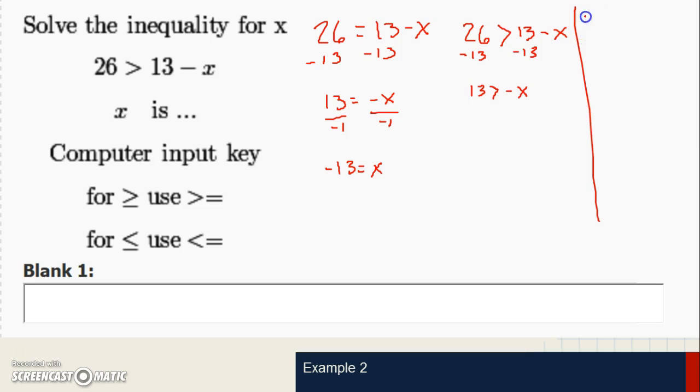If you multiply or divide by a negative number, this hashtag, that means number, you have to flip the sign, the inequality sign.